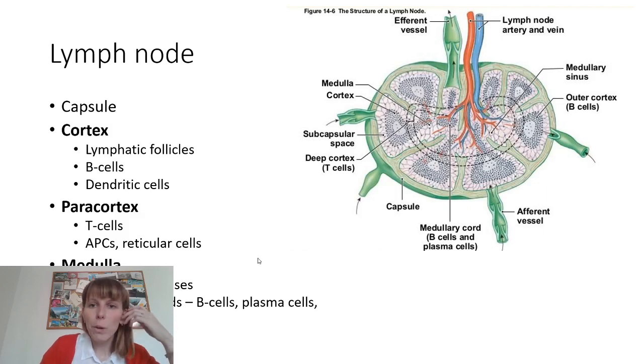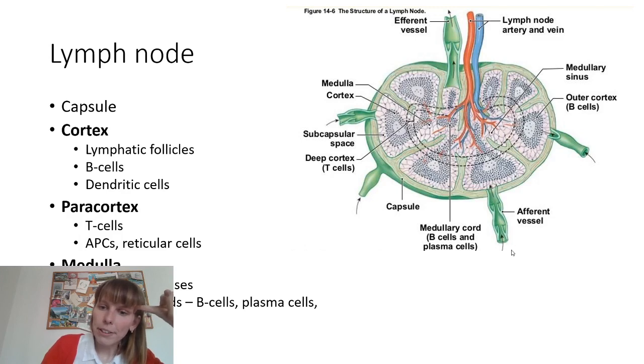The principle is that the lymphatic system brings the liquid, the lymph, from the tissues, and it is going through all the immune cells so that all the pathogens that are inside it can get recognized.